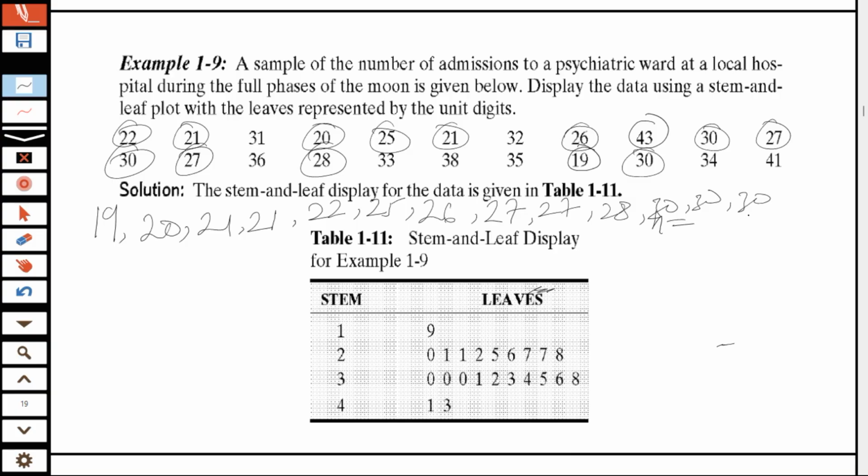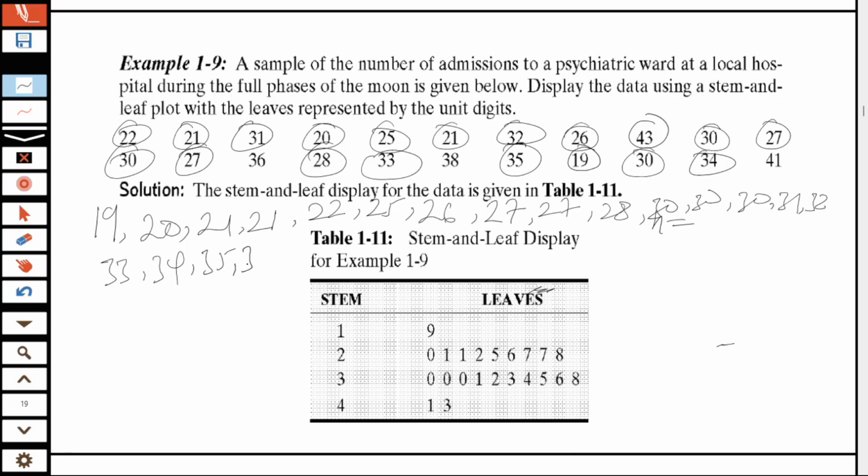Then we have 31, our 32, and 33, which is here. We have our 34, and then our 35.